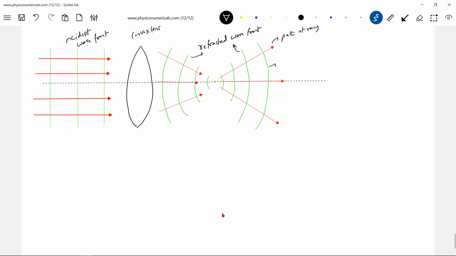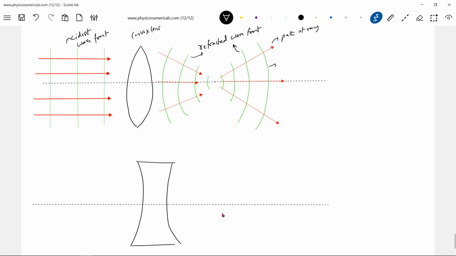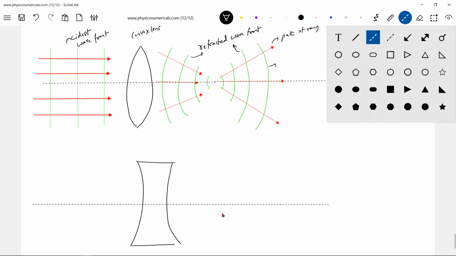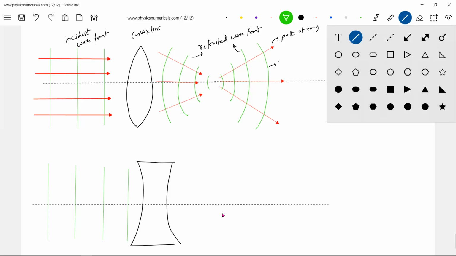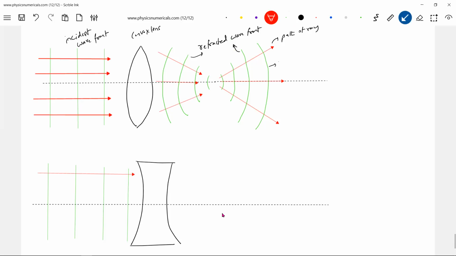Similarly for a diverging beam, let's take the diverging lens. So it should diverge away from a point, no?